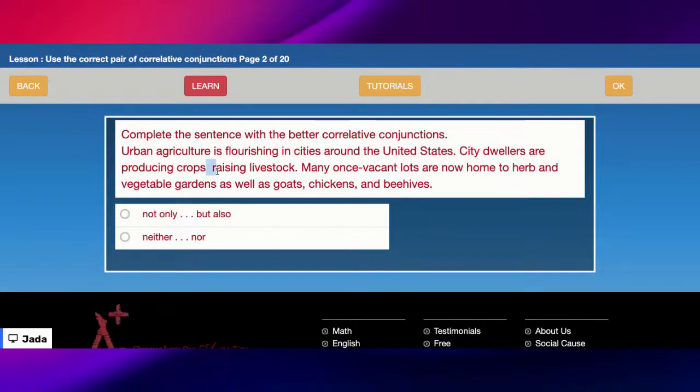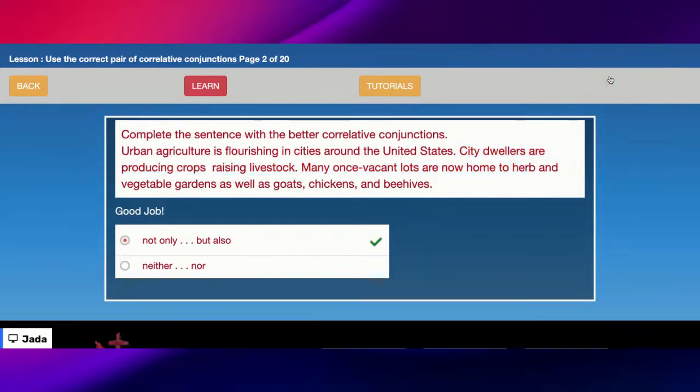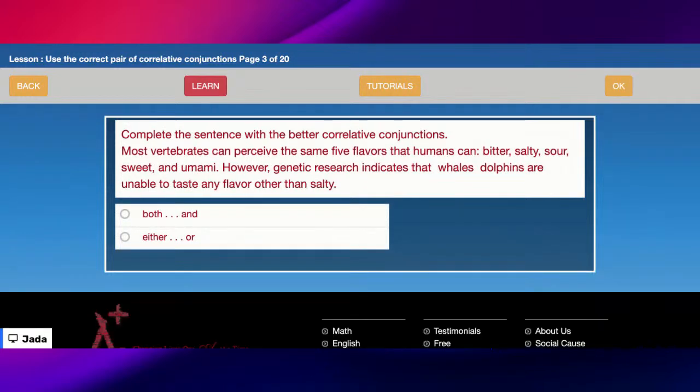We have here crops, and then we also have, what's the other part? Not only but also. So somewhere like here in the city dwellers. So is it neither nor or but also? What's the right option? First option. Okay. Not only but also. Okay, thank you. Good.